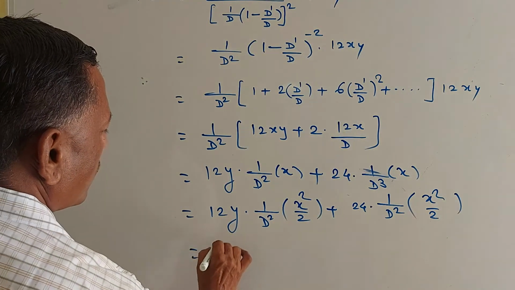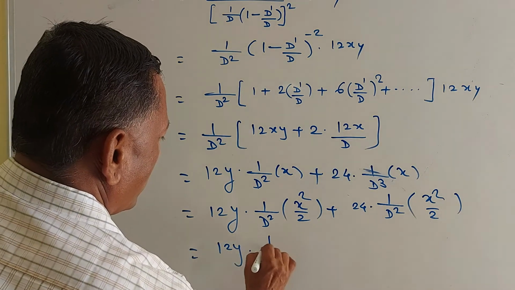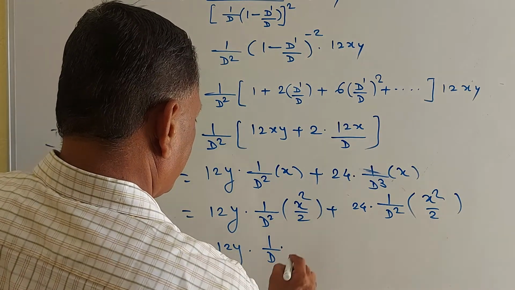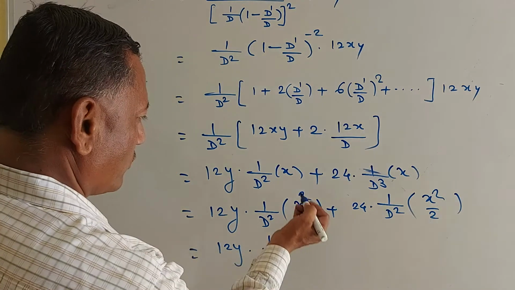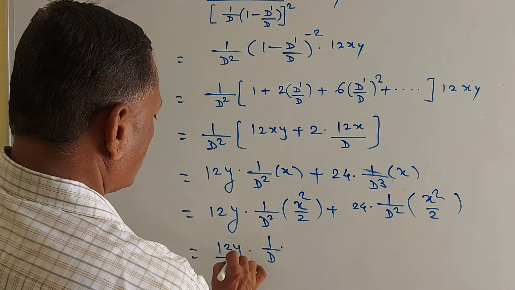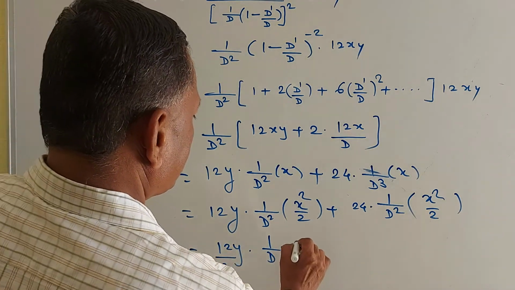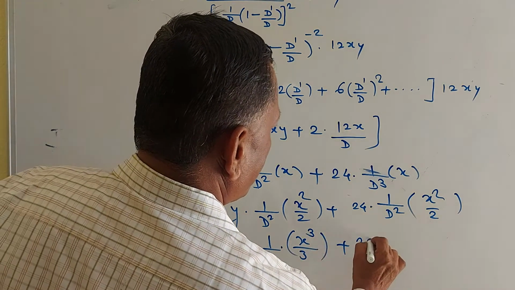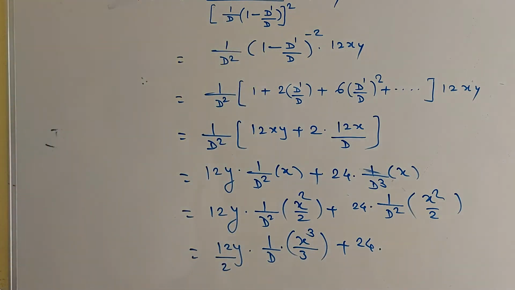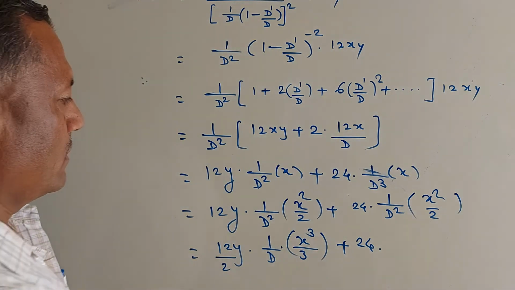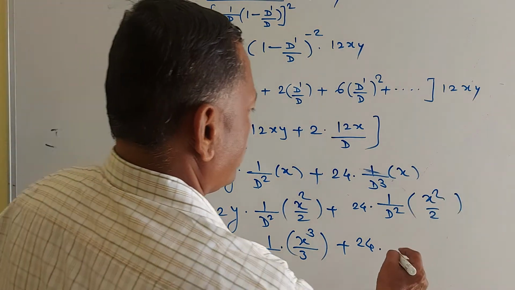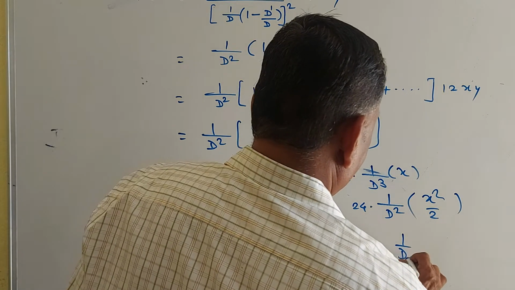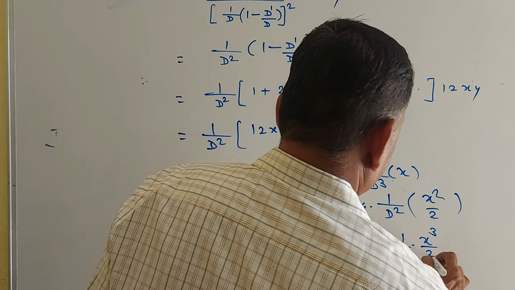Again this can be written as 12y, 1 upon D into, here you take 1 upon 2 outside, x cube upon 3, plus 24 upon 2, 1 upon D, x cube upon 3.